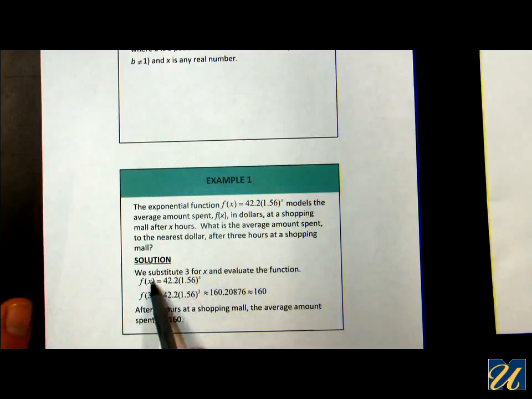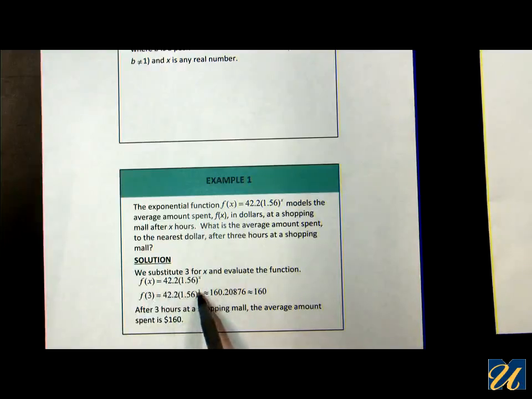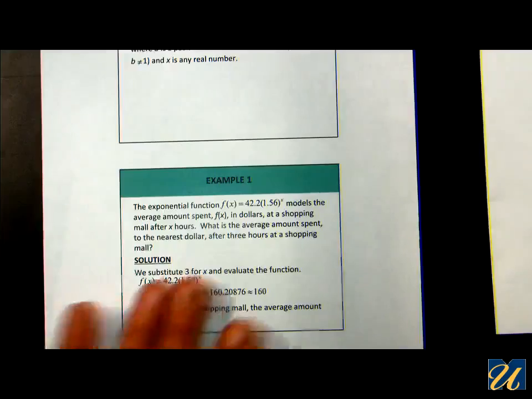We simply evaluate that function where x is equal to 3, substituting it very carefully into the correct position, which is the exponent. Exponents first on the calculator, and then multiply by the number in front, and that will give us the average amount of money spent after 3 hours of shopping. Let's take a look at a graphical example.